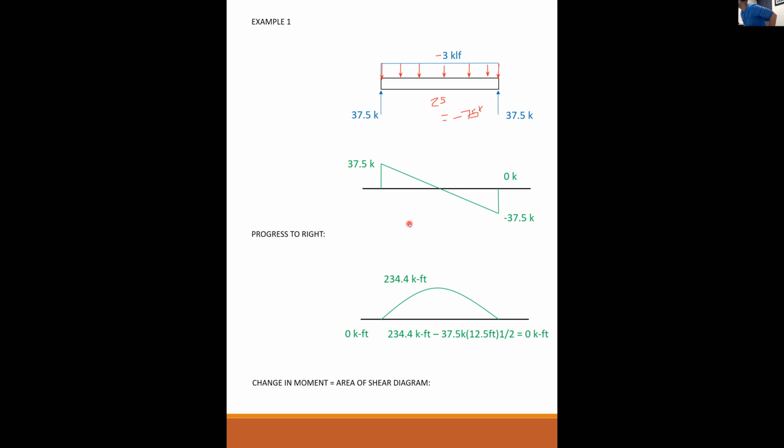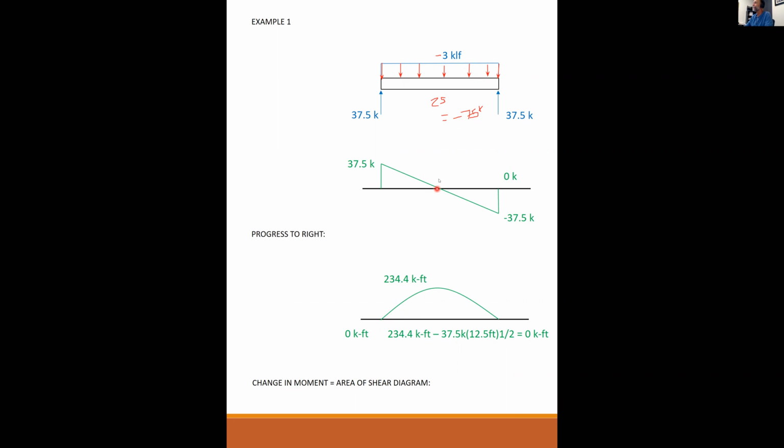But again, I'm going to keep hammering on the principle. The principle is that to find the moment at any given point, you have to start from somewhere. Because remember, we're only talking about the change in the moment diagram. This is not absolute. But we started from 0.